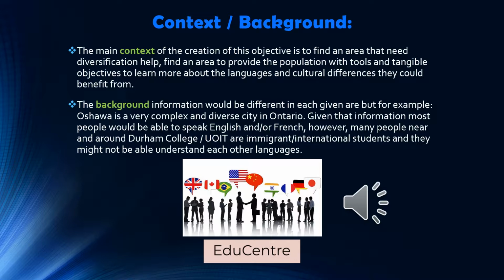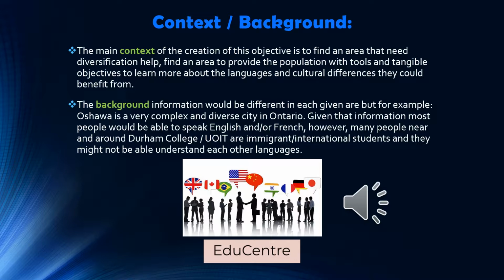The background side of things is very situational, depending on certain areas. I'll give you an example. So if it was Oshawa, we would look at the demographic. What are the main languages? As at Oshawa, on the north side near UOIT and Durham College is growing drastically with the population increases coming from the GTA. It's very hard to say what language we would prefer and what language would we teach.